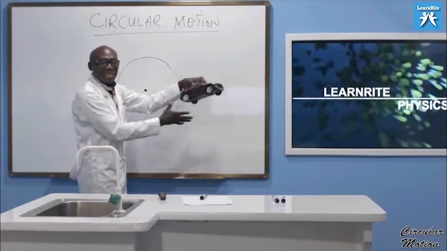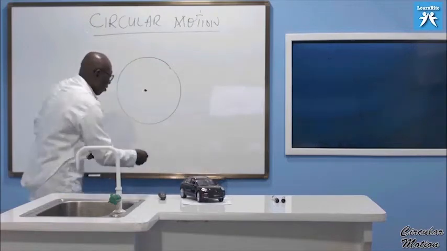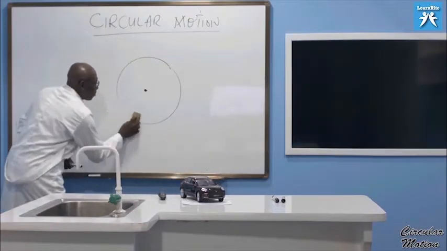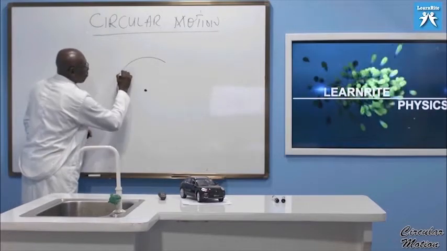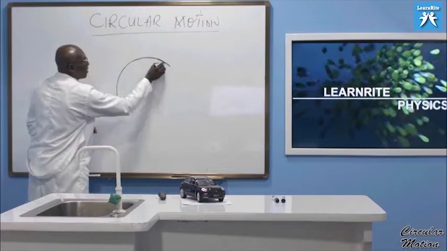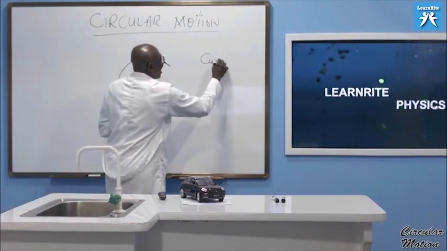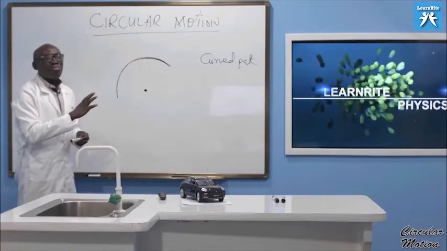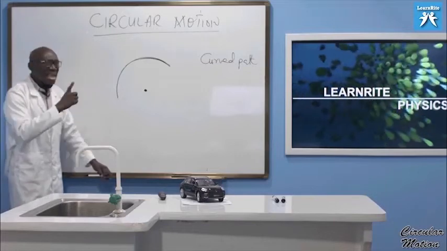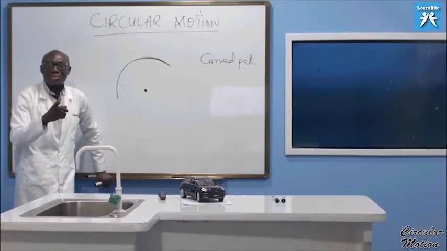What it means is that the car only moved along this part of the circle, and that is a curved path. It is not a complete circle, and yet we consider such a motion circular motion.